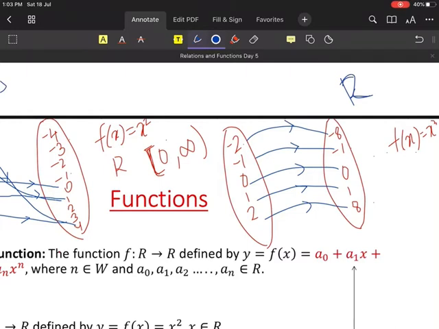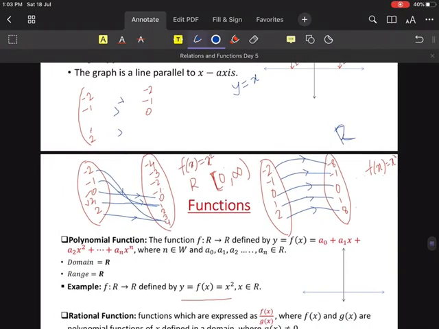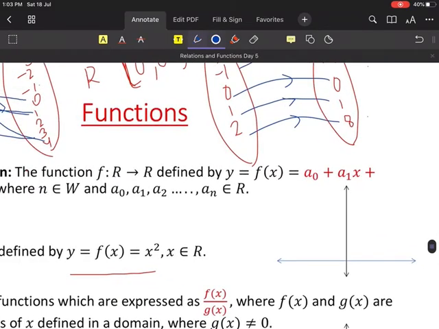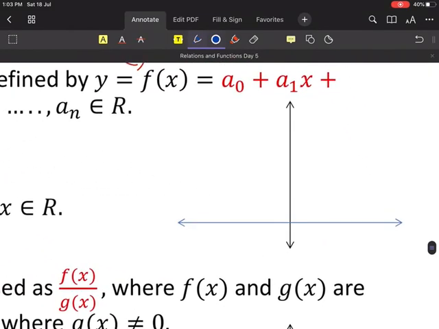I haven't considered them like -1.5, -1.2. I haven't found out the cube of those terms because they will be more difficult to find, right? Okay? Understood? Yes, sir. So the range is R. I know it's a bit difficult.